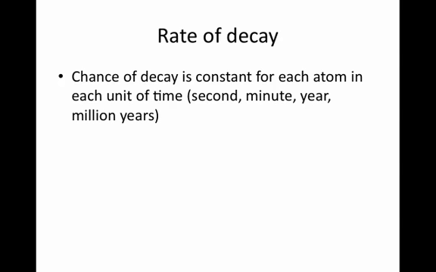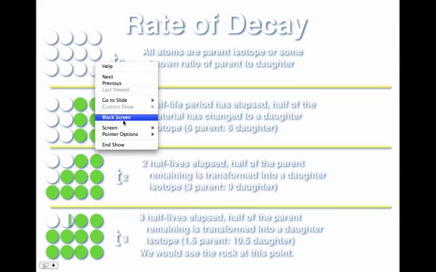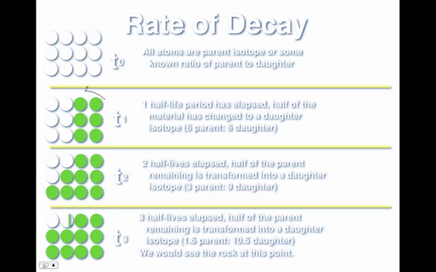Decay is usually at a constant rate. Here's an example. Let's say all these atoms are the parent material, and there are 12 of them. After one radiometric decay, you'll get half as many as were there before. So now 6 of them turn into something else called the child or the new material, and you have 6 of the parent material.